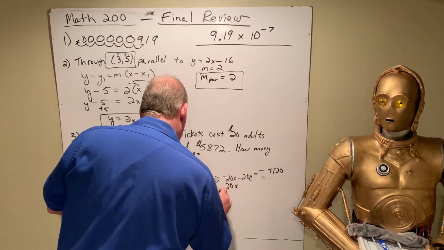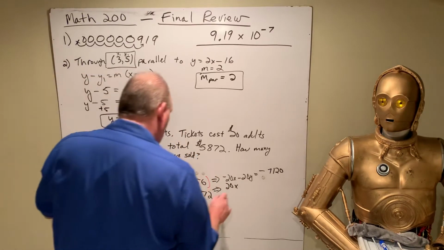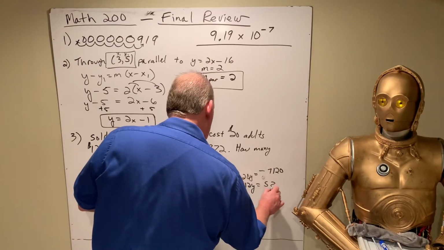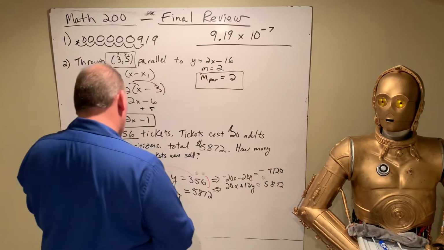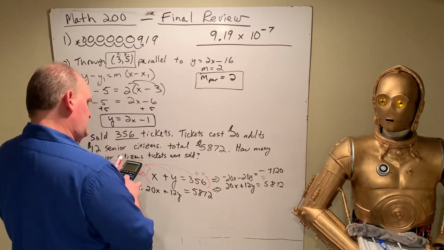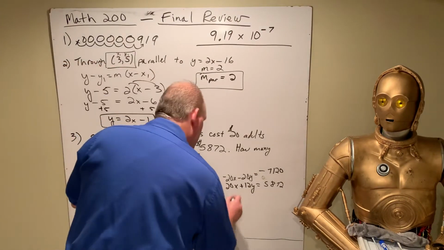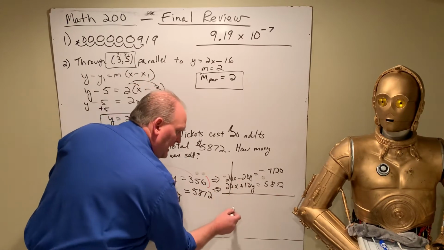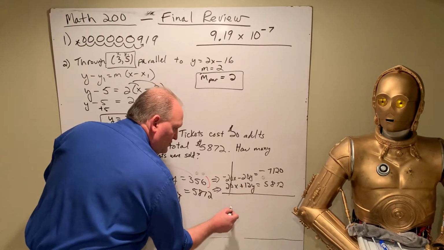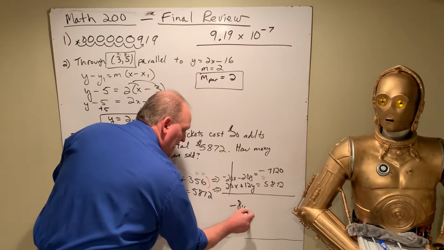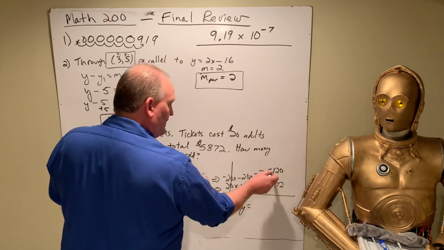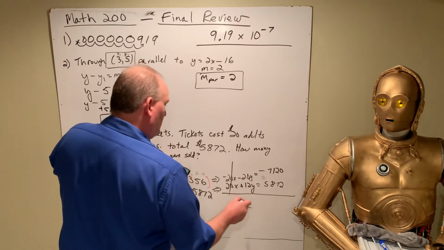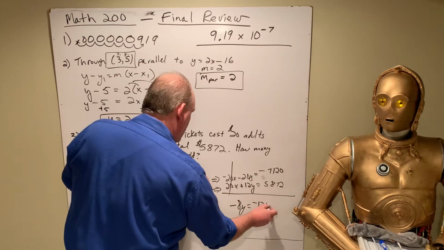And then we got 20x. We leave the second one alone. Don't change a thing. Leave 20x plus 12y equals 5872. So this is what we have. The x's cancel away. The y's, negative 20 and positive 12 is negative 8y is equal to, and negative 7120 plus 5,872 is negative 1248.